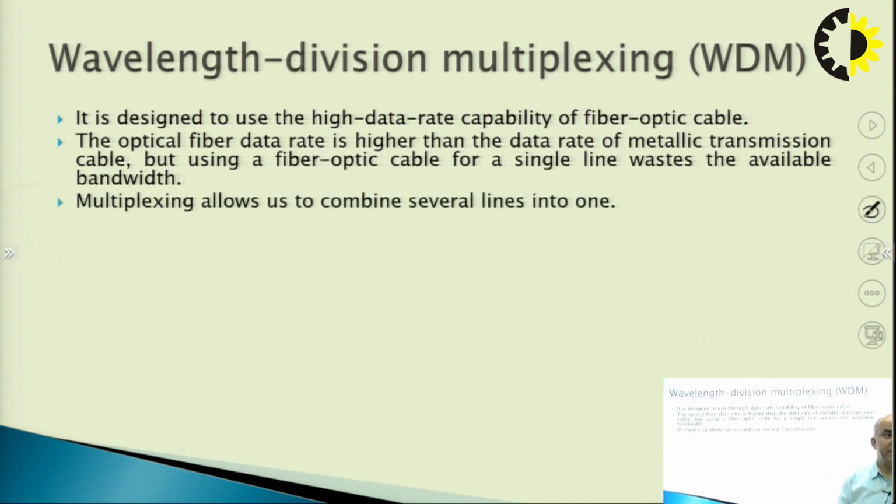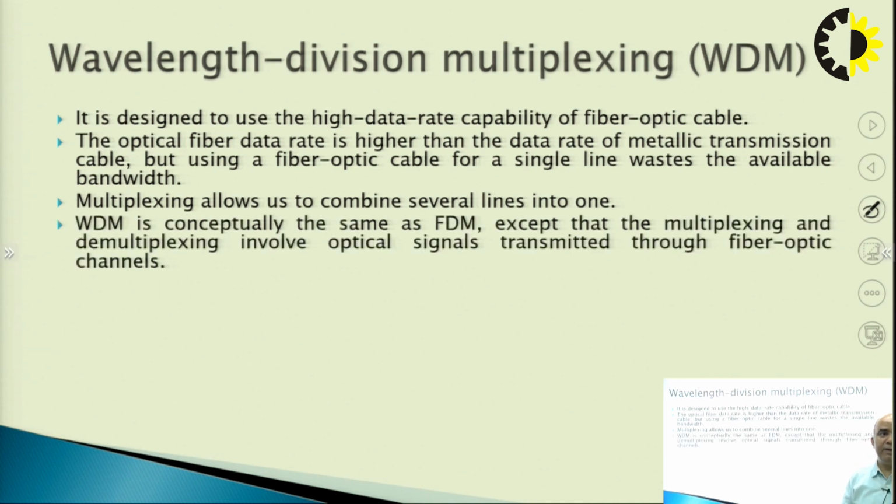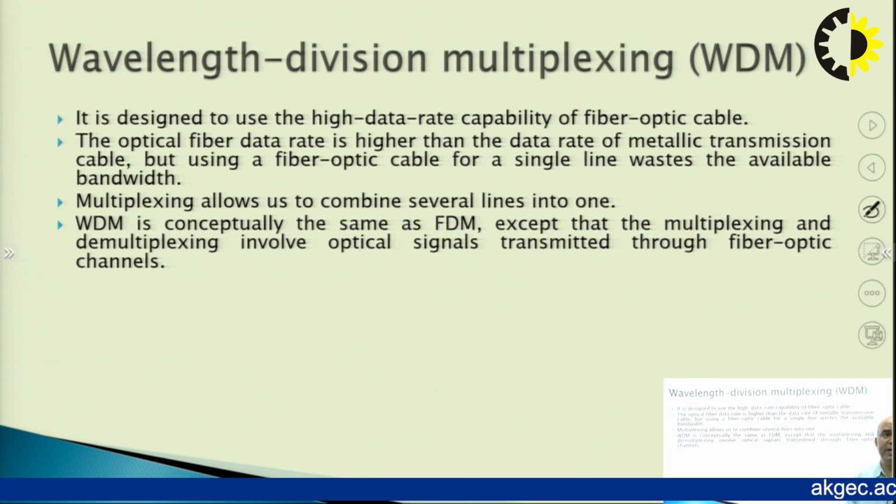Here in WDM, multiplexing allows us to combine several lines into one, just like FDM. WDM is conceptually similar to FDM, except that the multiplexing and demultiplexing involve optical signals transmitted through fiber optic channels.